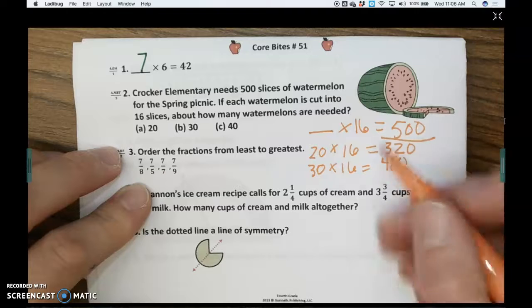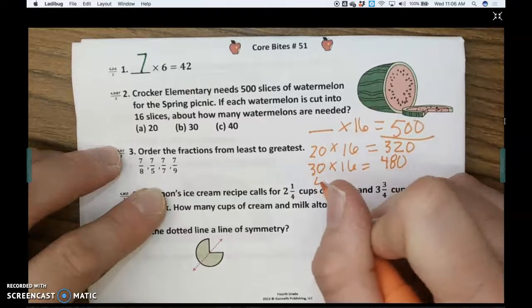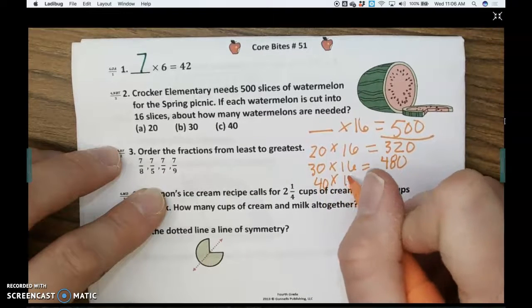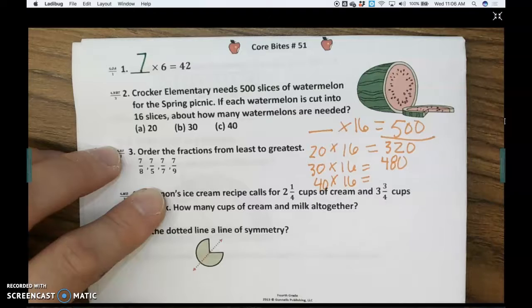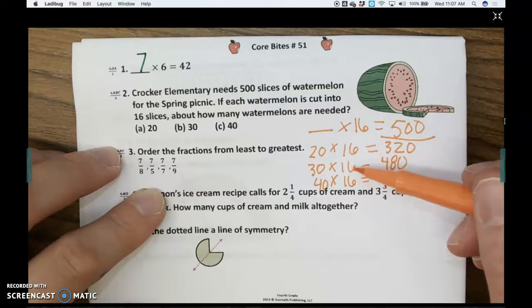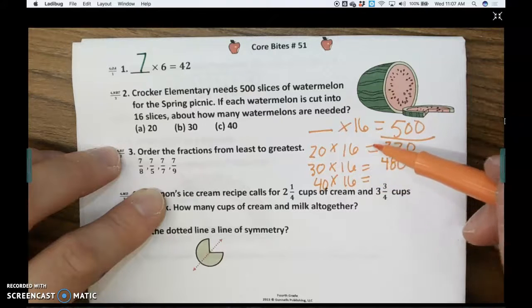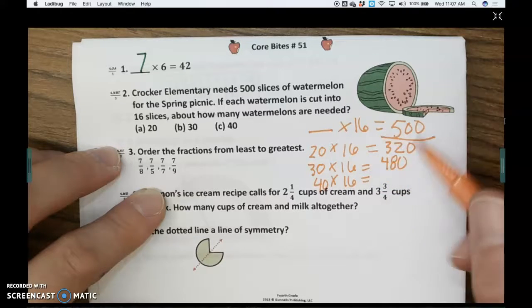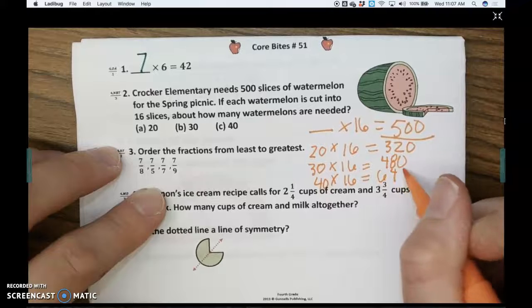So let's try the 40. So 40 times 16 equals. Okay? So if you did 16 times 4, you already know that 16 twice would be 32. So if you do it again, then you'd have 64 plus your 0.